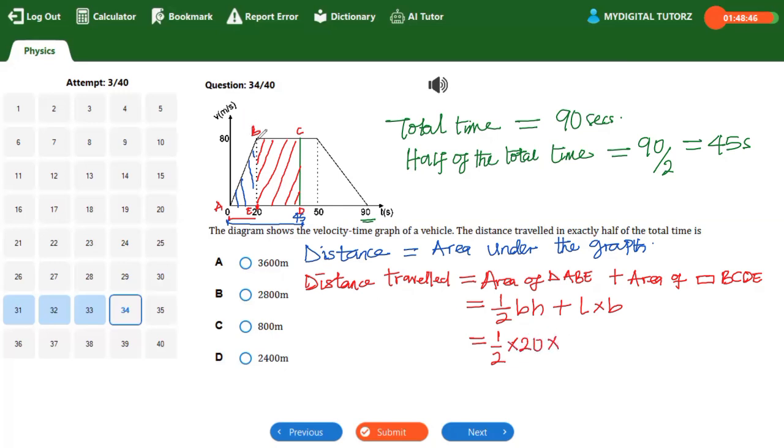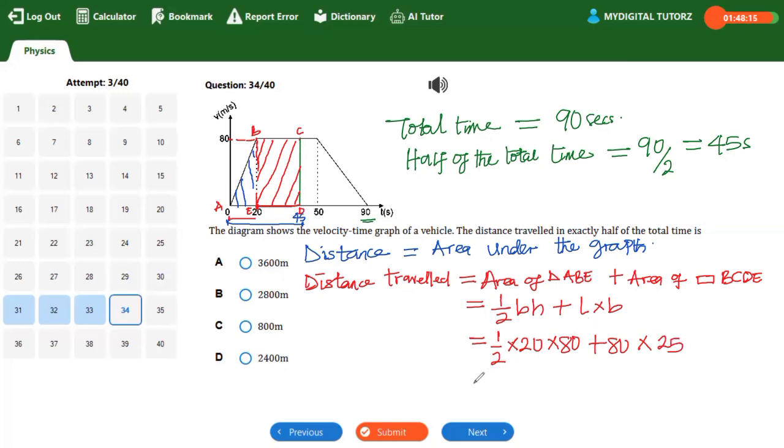We trace the height to the velocity axis. So the height is 80. Plus the rectangle, the length, which will serve as the height as well, that will be 80 multiplied by the breadth, the width, which is 45 minus 20 to give us 25.